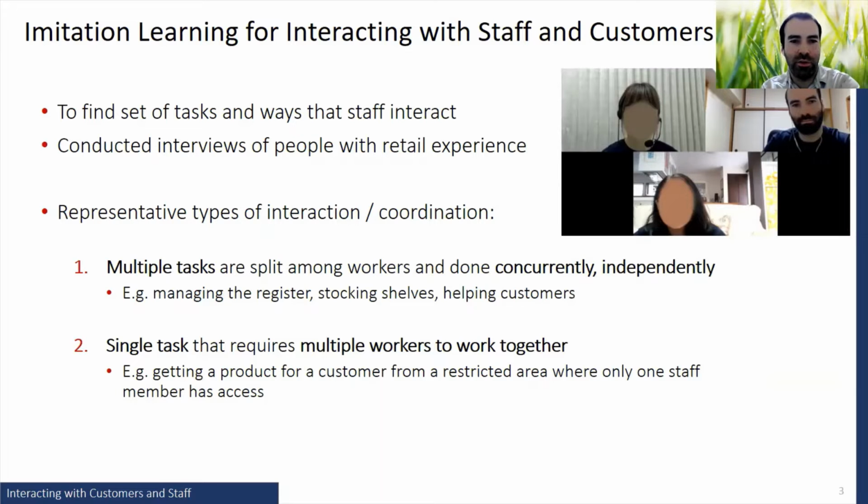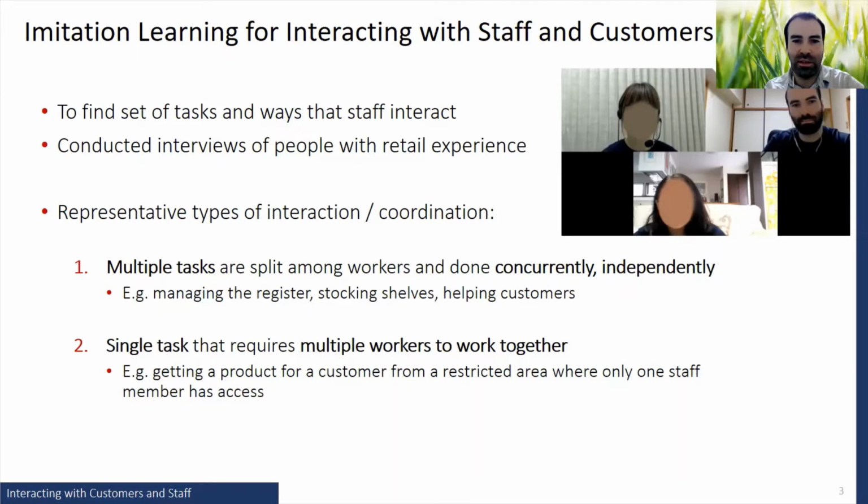So we conducted interviews of people with retail experience to find a set of tasks and ways that staff interact among themselves. We found at least two representative types of interaction and coordination among staff. One is where multiple tasks are split among workers and done concurrently and independently, such as managing a register, stocking shelves, and helping customers.